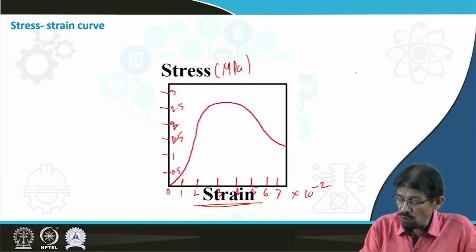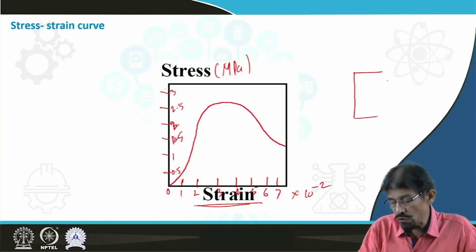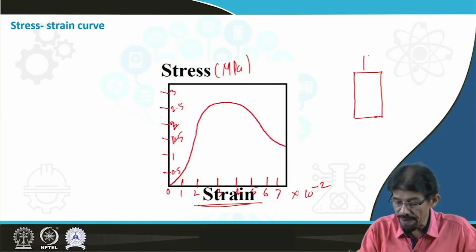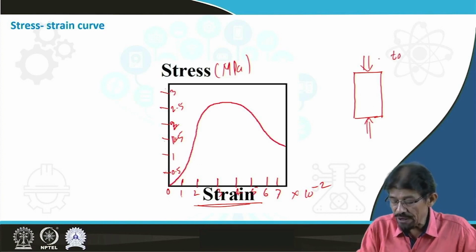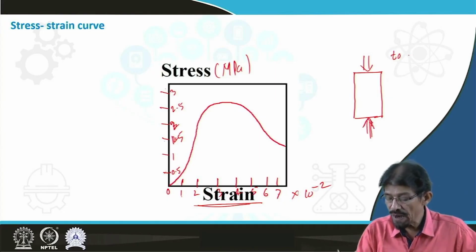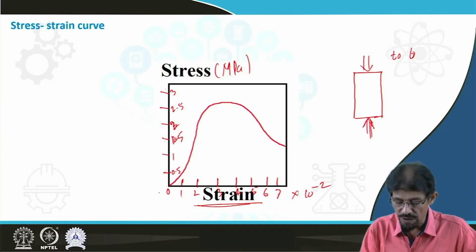Here I try to show one sample with the help of this 2D diagram. If we are going to compress at time t0, we are not going to apply any stress on this. At time t1, we are going to apply 0.5.